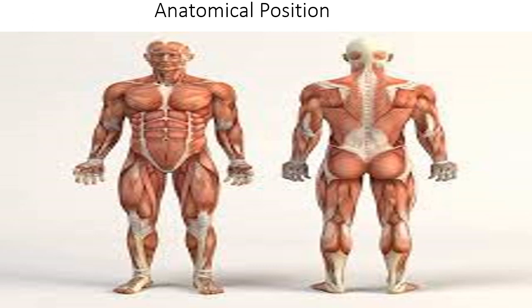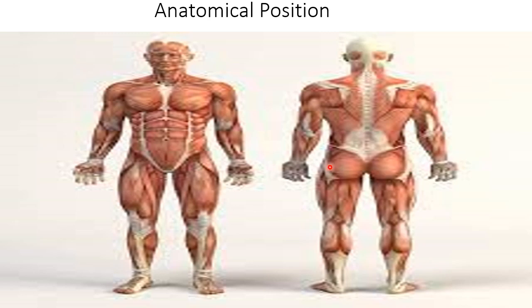Okay, let's now look at anatomical positioning. Whenever you are talking about anatomical positioning, there is a standardized way in which you must describe body parts, in a certain position, and that is known as the anatomical position.